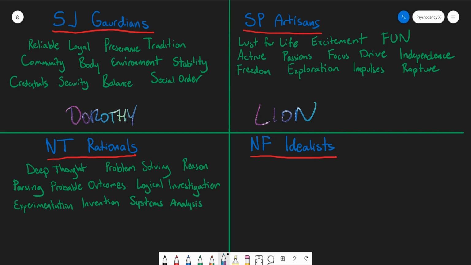So reason is something that they value very highly, and they trust their ability to reason because it aids them in coming to a logical understanding of themselves and their world around them. So they generally have this mindset of what is real is reasonable, and what is reasonable is real.